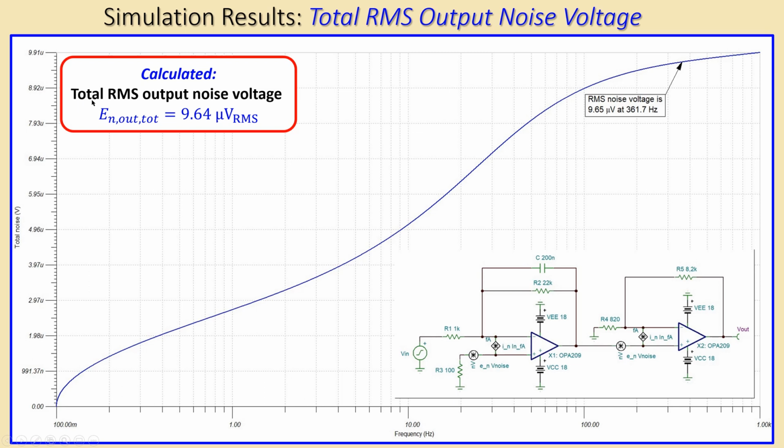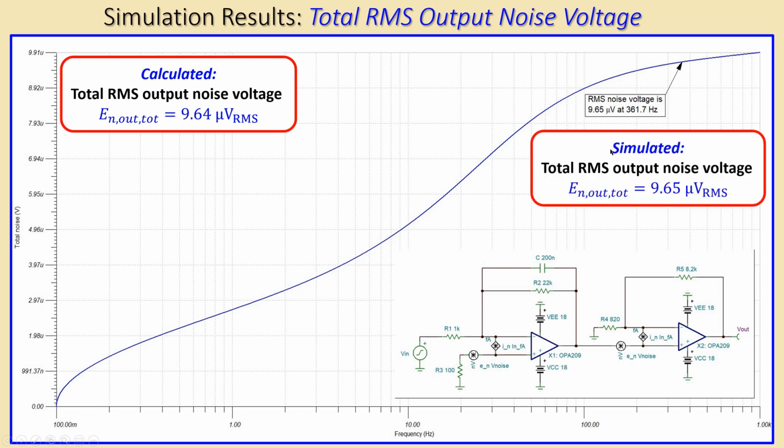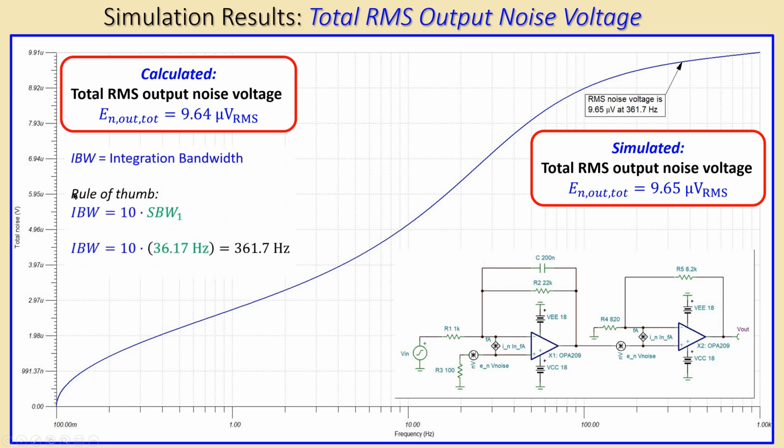That's our calculation, the total RMS output noise voltage. It was 9.64 microvolts RMS. You can see the plot here. It will increase, but it will not reach a flat or steady state value. Now, this is the simulation at the value of the frequency which we call the integration bandwidth, and the rule of thumb we have used gives 361.7 Hertz.